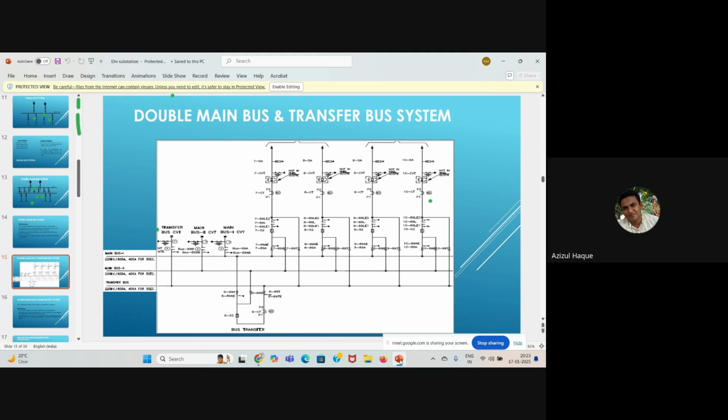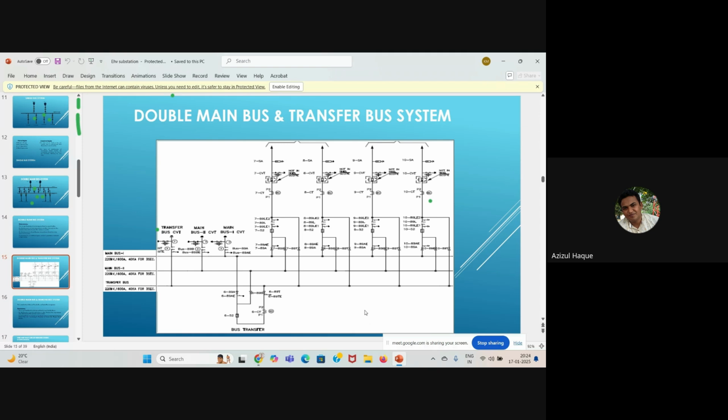After completion of maintenance, I can again connect the feeder, close the circuit breaker and connect it to the bus. During the maintenance period, maybe 10 hours, 8 hours, 12 hours, there will be no power flow in that circuit. But in a double main bus and transfer bus system, we can do the maintenance work of the circuit breaker without disturbing the power flow.